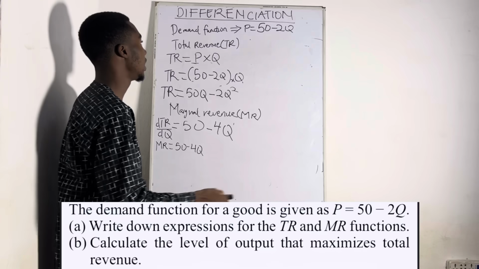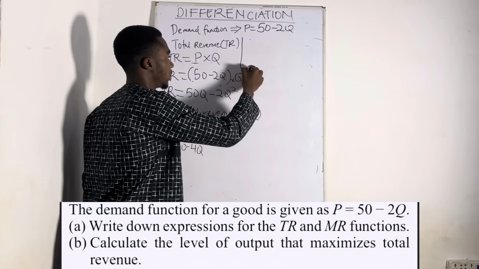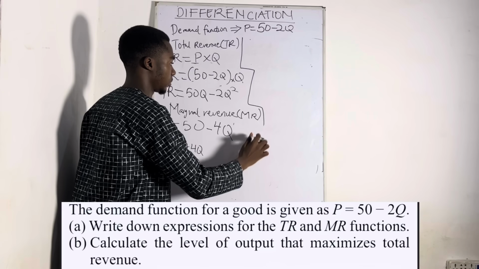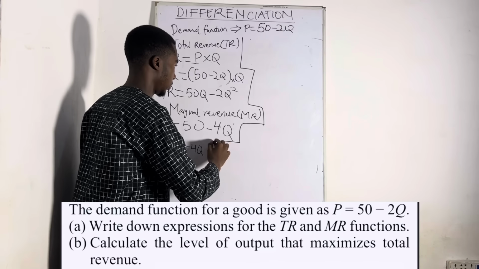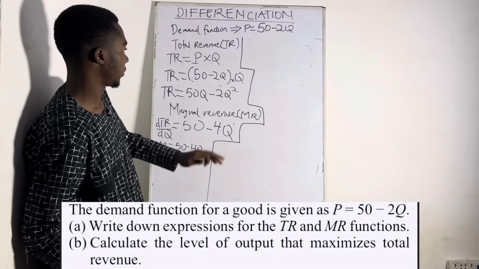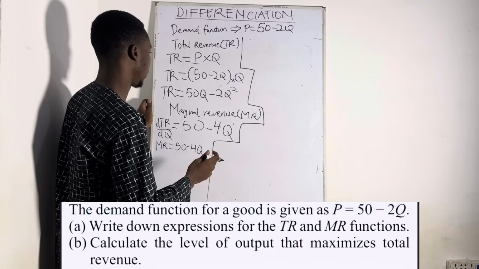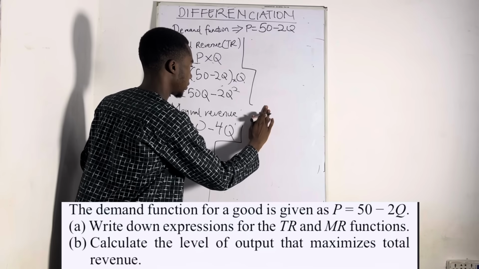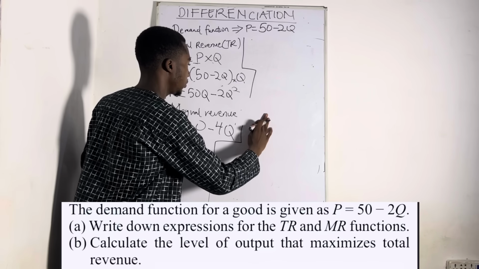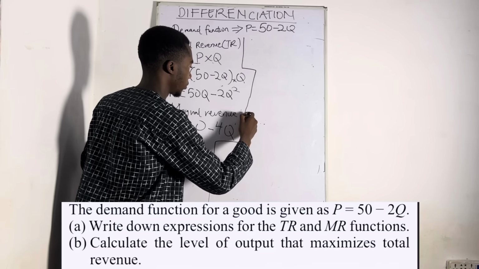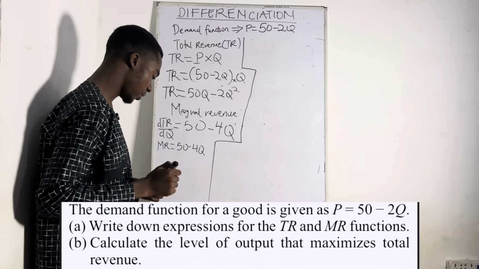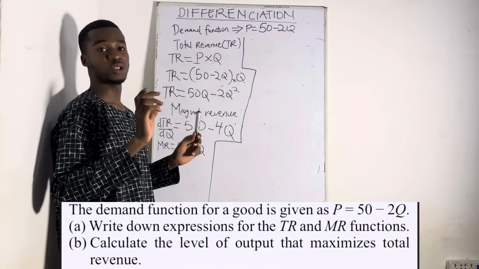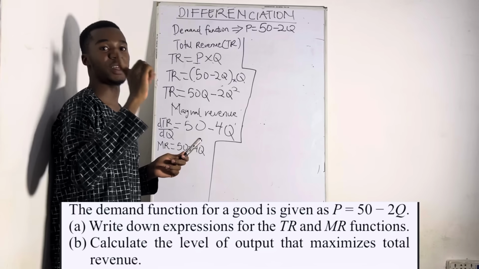So now, anytime you're given a question like this where they ask you to maximize total revenue, whatever they're asking you to maximize, you differentiate it for the first time.